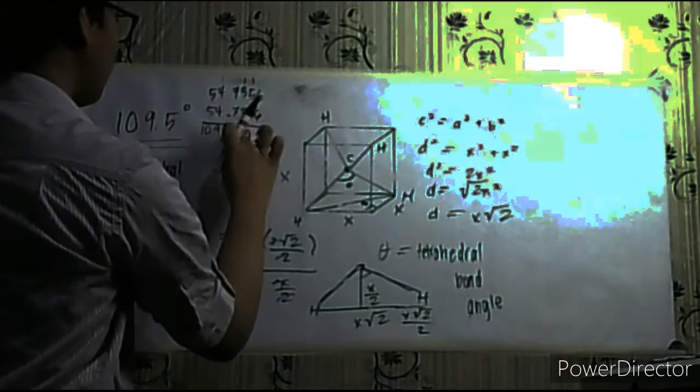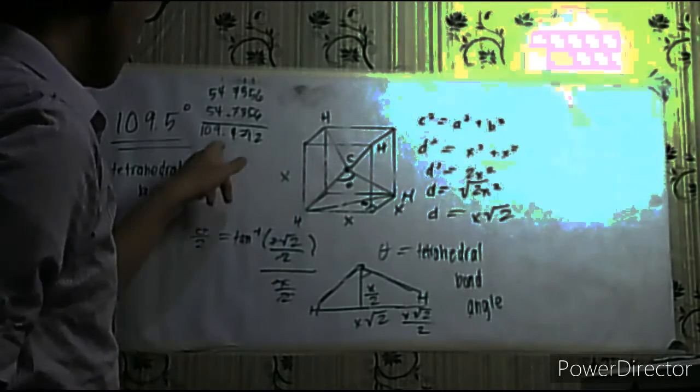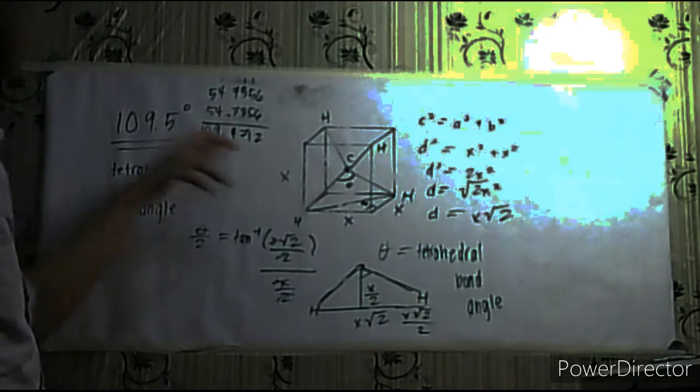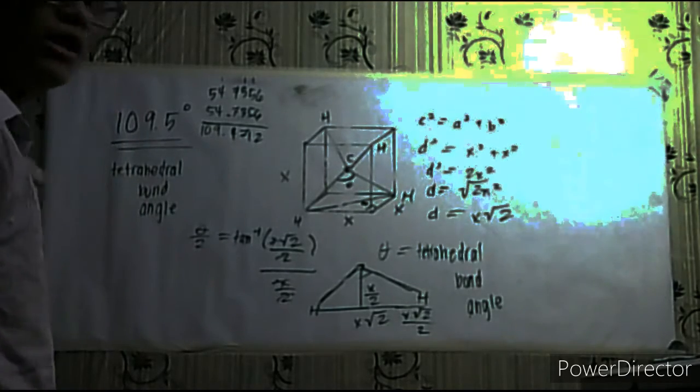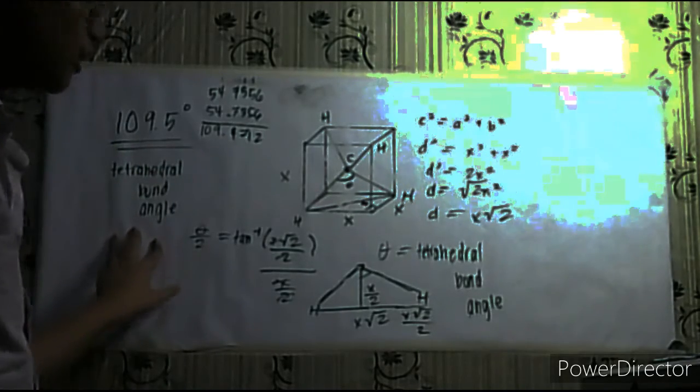Oh, okay. Apologies for that. So we get 109.4712, which then rounds off to 109.5 degrees. Okay? So that's how you compute for the tetrahedral bond angle.